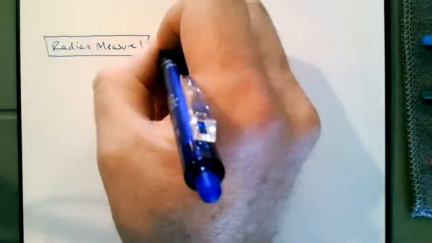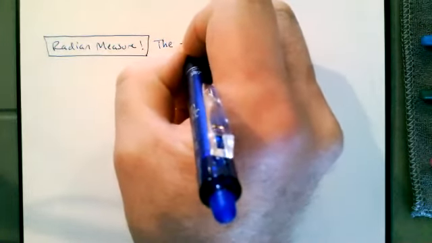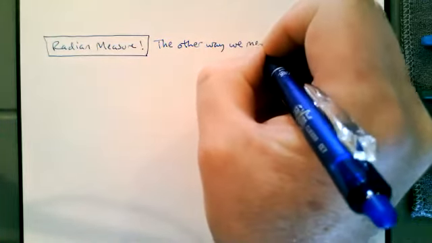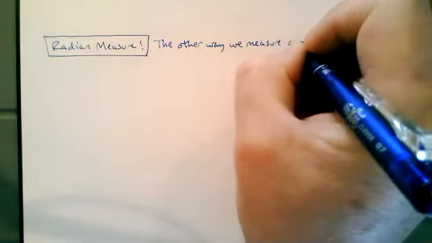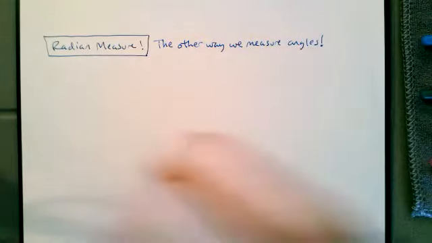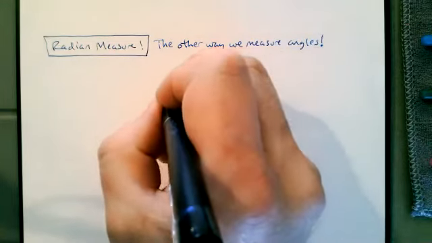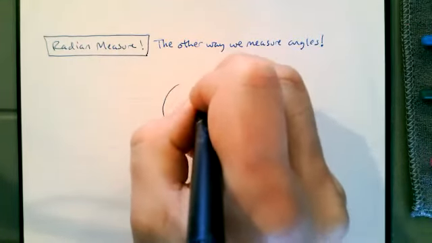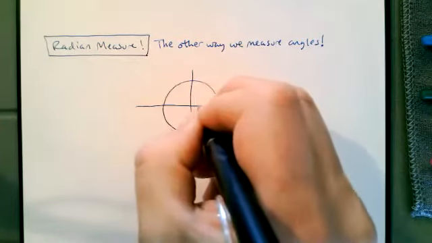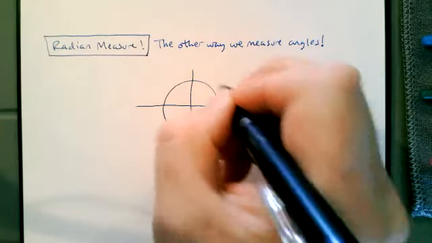This is the other way we measure angles. Put it in the middle this time. Ooh, side benefit, I drew a little bit better of a circle, but I put the axes kind of terrible.